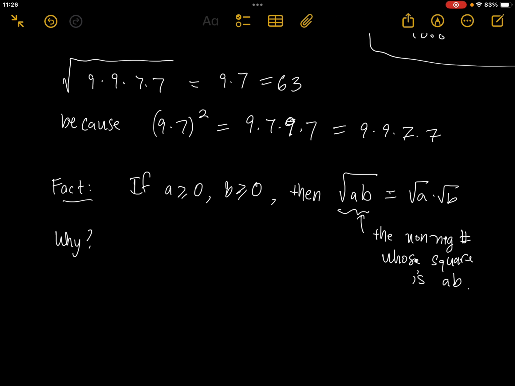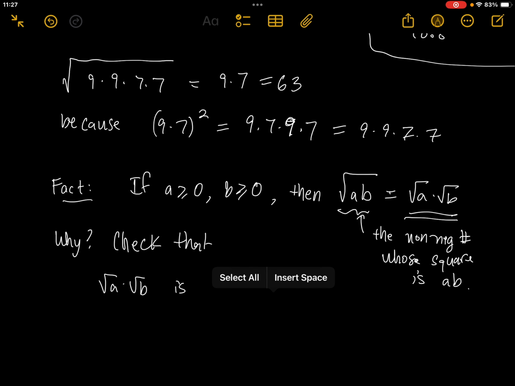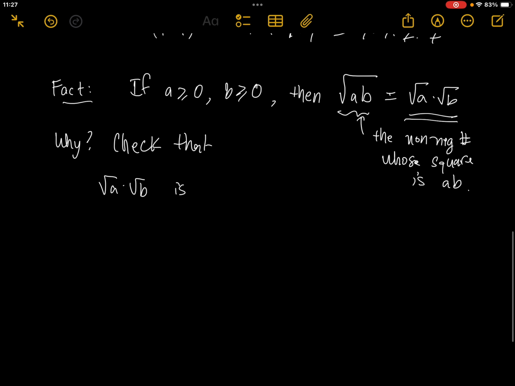Now on the right-hand side, I have the square root of a times the square root of b. I'm trying to explain why it's equal to the square root of ab. So we need to check that the square root of a times the square root of b is the non-negative number whose square is ab.